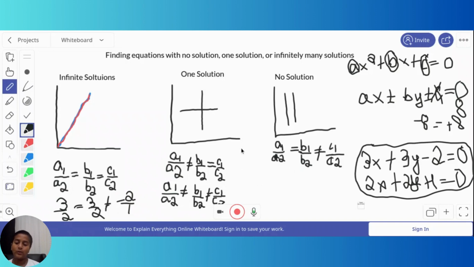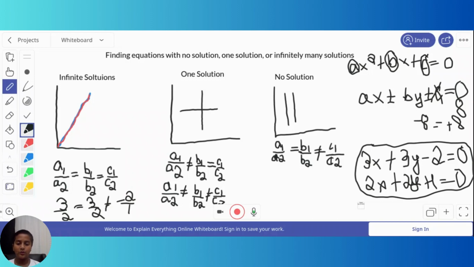This is going to be an example of one solution. Now there are also some situations in which A1 over A2 does not equal B1 over B2, that does not equal C1 over C2, which makes sense, because if the first two fractions aren't even equal, the next two might not be equal. But there are some cases where the next two fractions are equal and the first two fractions aren't. Those are going to be the one solution problems.